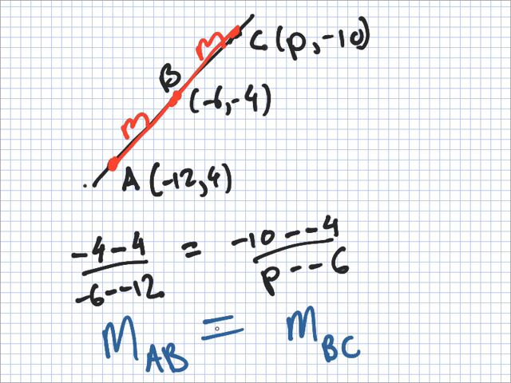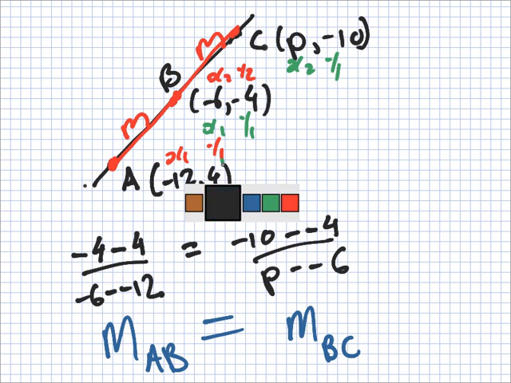I've confused you, have I? Tell me what's confusing. Why is it minus 4? Oh, how did I get the numbers here? So in this one, I'm saying this is x2, y2, and this is x1, y1. And then for these two, this one is x2, y2, and this one is x1, y1. Is that okay for everybody?